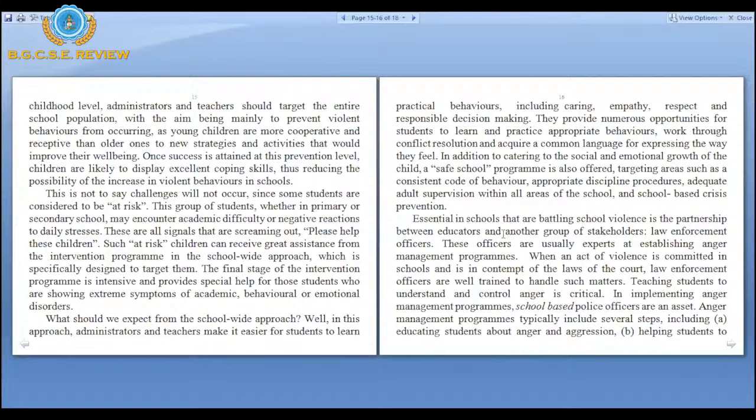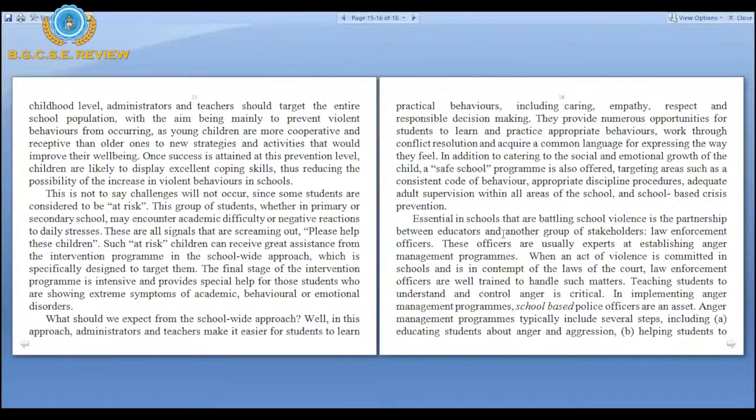What should we expect from the school-wide approach? Well, in this approach, administrators and teachers make it easier for students to learn practical behaviors, including caring, empathy, respect, and responsible decision-making. They provide numerous opportunities for students to learn and practice appropriate behaviors, work through conflict resolution, and acquire a common language for expressing the way they feel.